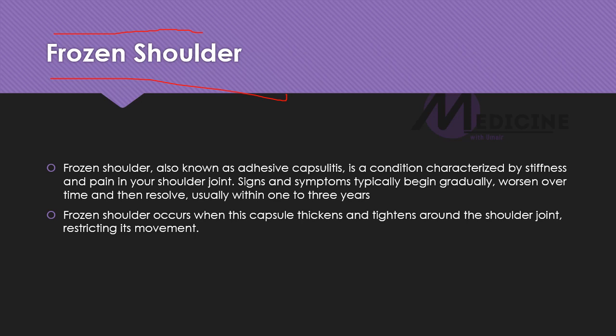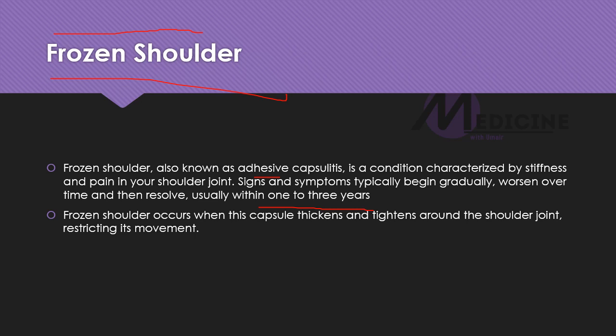The ball and socket capsule becomes adhesive, or fibrosed, in such a way that if a person tries to move his shoulder, it is painful, which worsens over time, but it resolves spontaneously within 1 to 3 years. We only give analgesics in these patients.